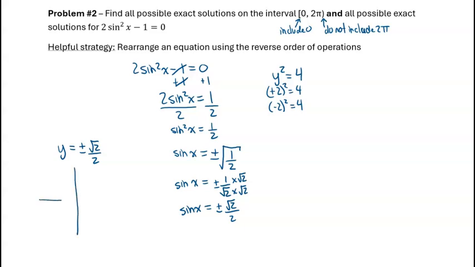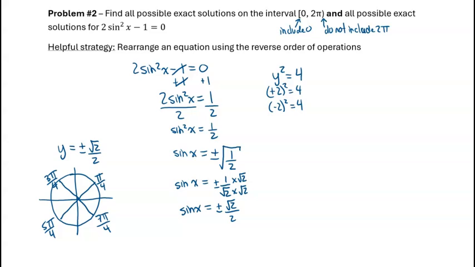And so if I look at my unit circle, I'm looking for where the y coordinate on that unit circle is that. That would be at an angle of pi over 4. That's going to be positive root 2 over 2. It's also going to be positive root 2 over 2 when I'm at 3 pi over 4. If I go to 5 pi over 4, that's now going to be negative root 2 over 2. And if I go to 7 pi over 4, that's also going to be negative root 2 over 2.